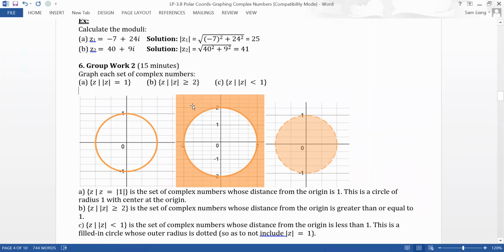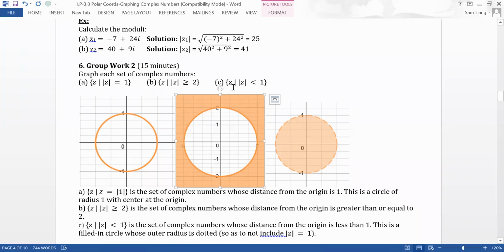Because we need all complex numbers whose distance is greater than or equal to 2. So you're going to shade the circle itself and then shade outside. So part B, it's the set of all complex numbers whose distance from the origin is greater than or equal to 2. Sorry about that, this one right here.